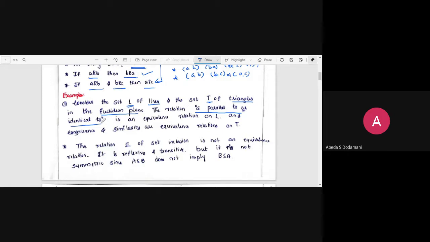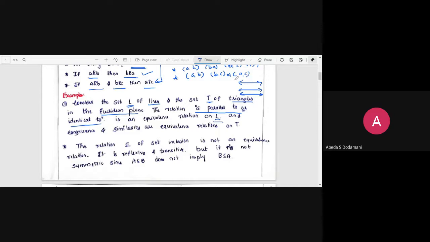Identical to means line A is identical to line B, or line A is parallel to line B. So this particular relation on the lines in the Euclidean plane will always be an equivalence relation.